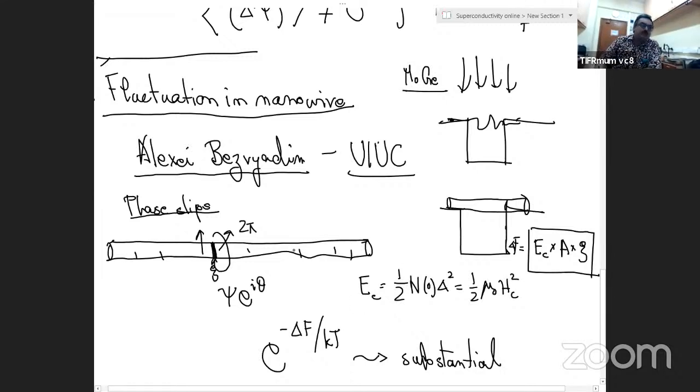That is why you need a very narrow wire, so that this delta F becomes comparable to kT. If it is much larger than kT, as normally happens for a thick wire, this factor would just be too small, and therefore the probability of phase slip would be insignificant.